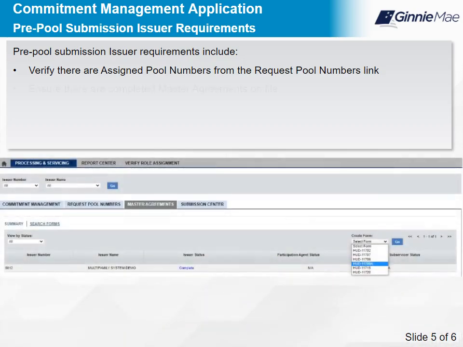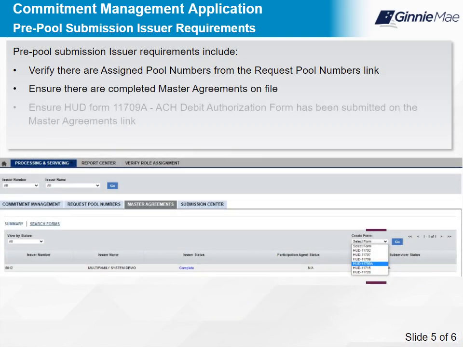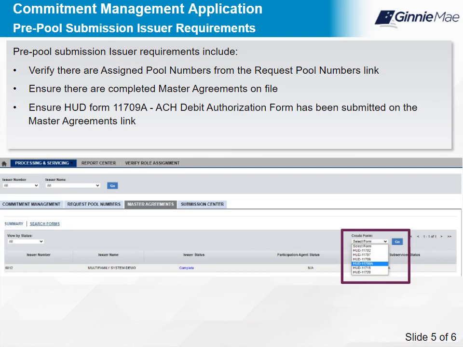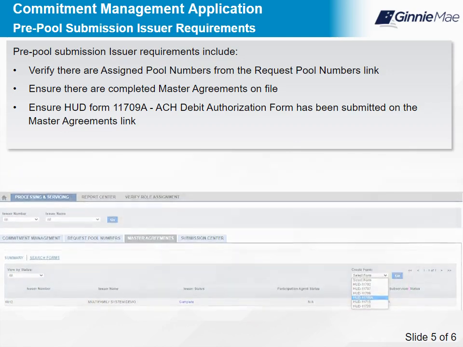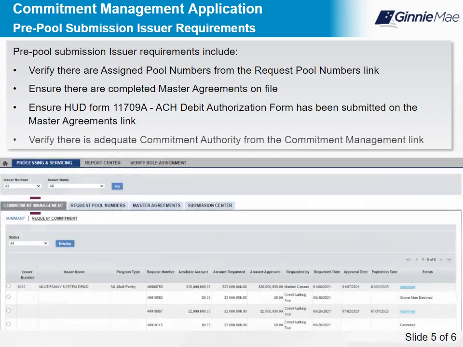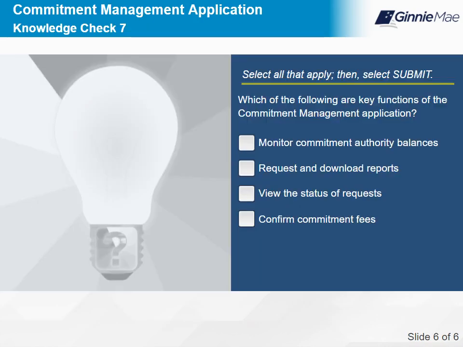Next, you need to ensure there are completed master agreements on file and the HUD Form 11709A, ACH Debit Authorization Form, has been submitted on the Master Agreements link. Finally, be sure to verify there is adequate commitment authority from the Commitment Management link. Select Next to continue.